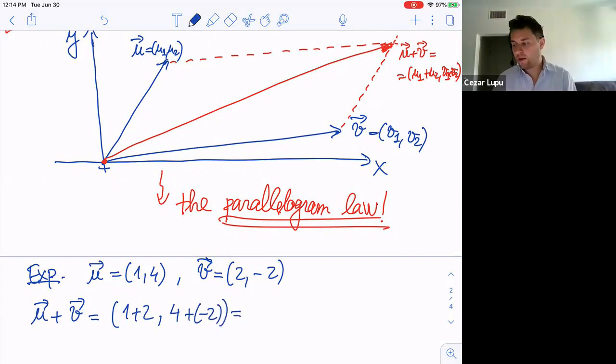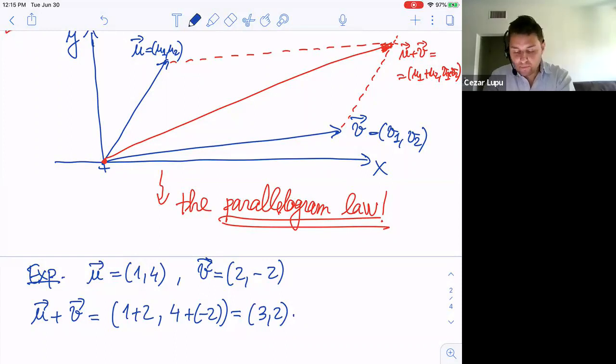Exactly, so it's 3, 2, correct. So the addition is very simple. Probably there is no need for me to do any other examples. It's quite simple.